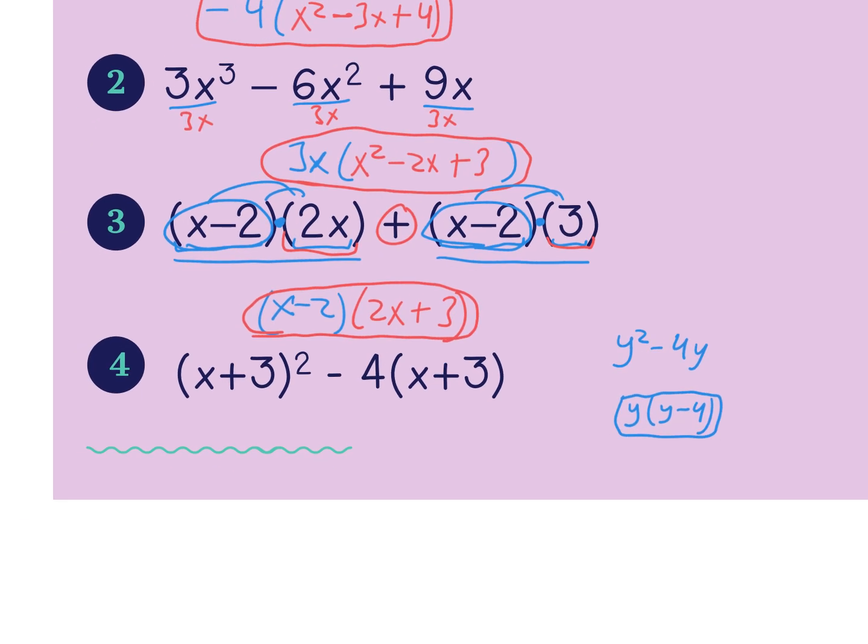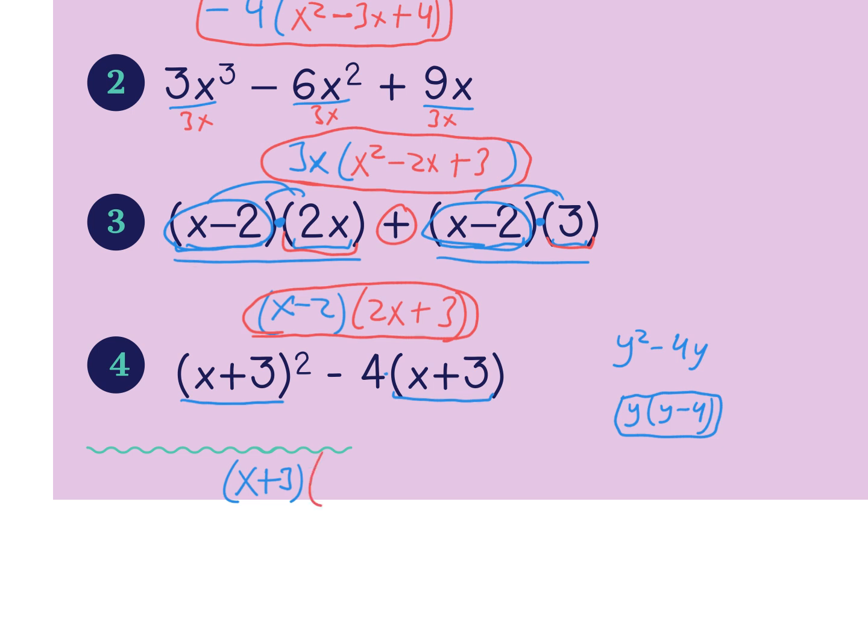It's the same exact thing here, right? So if I have an x plus 3 squared minus 4 times x plus 3, right? This x plus 3 squared is the same as x plus 3 times x plus 3. It is a factor. Same thing here, minus 4 times x plus 3. This x plus 3 is also a factor. So that means I can take out an x plus 3 as a greatest common factor.